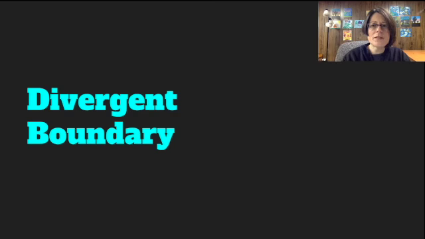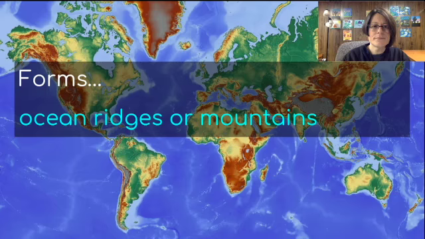Now let's talk about divergent boundaries. These form ocean ridges or mountains. And two places where you can see some divergent boundaries, and I know they're kind of hidden under this, but here in the middle, you see this lighter color. This is a mid-ocean ridge, and these are mountains in the ocean, but we don't call them mountains, we call them ridges.